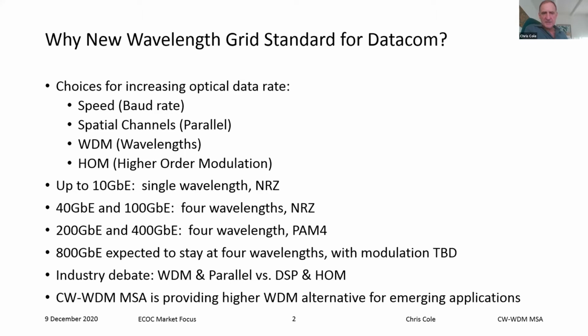This isn't a place for this debate, but that's the basis for the standard, which is that a lot of work is going into DSP. The IEEE, by and large, is sticking with 4 wavelengths going to higher order modulation. But what this MSA is providing is higher WDM count alternatives for emerging applications.